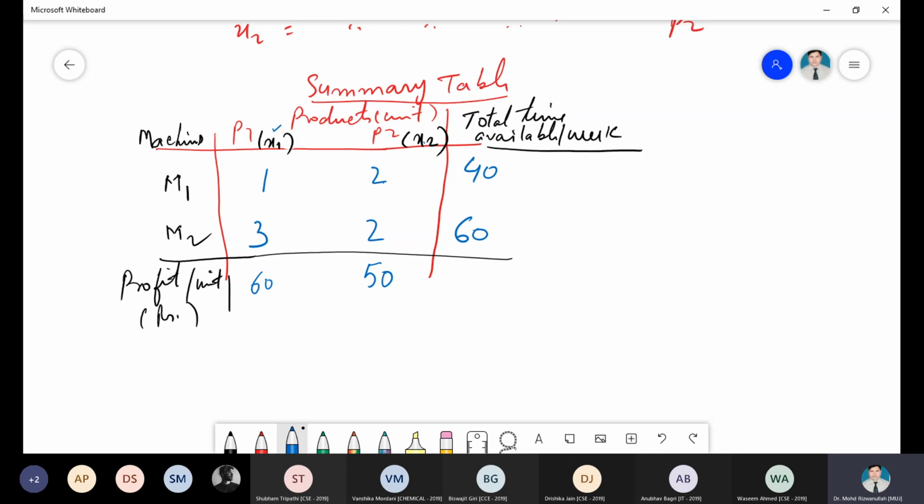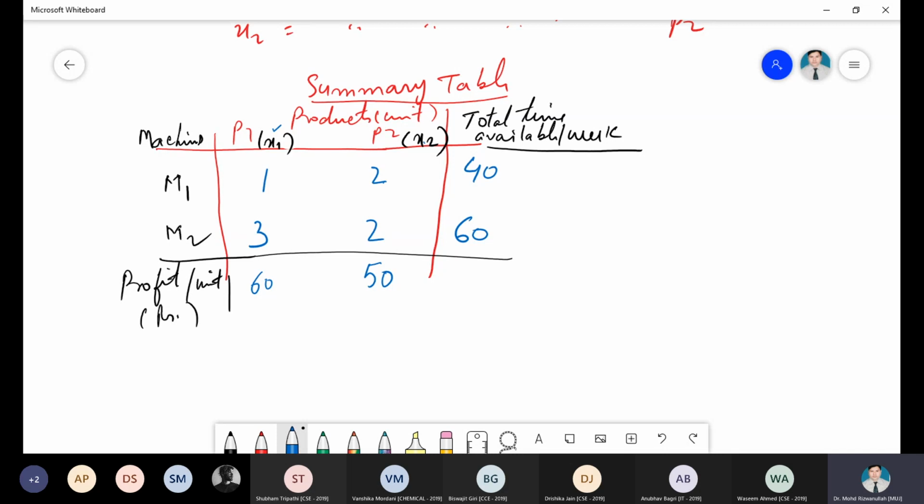Two machines we are using to produce the X1 and X2 products. This is M1 and M2, and so X1 requires 1 hour at machine M1 and 3 hours at machine M2. X2 product or P2 product requires 2 hours at machine M1 and 2 hours at machine M2. Total time available per week is 40 hours and 60 hours.